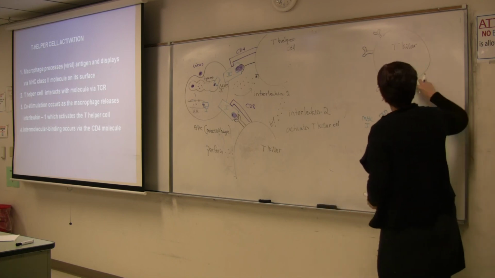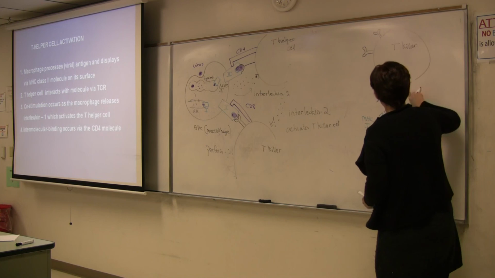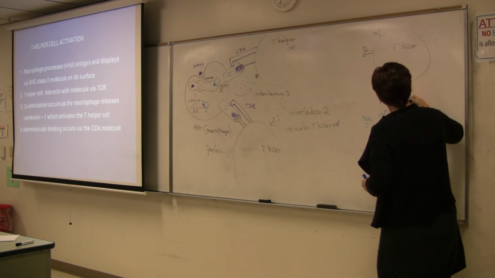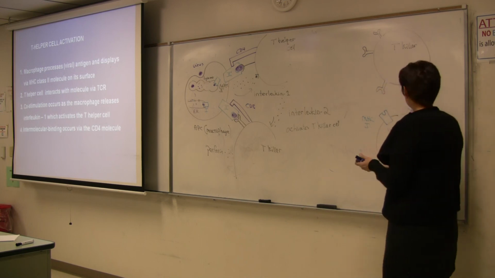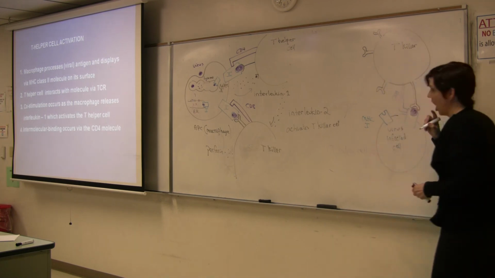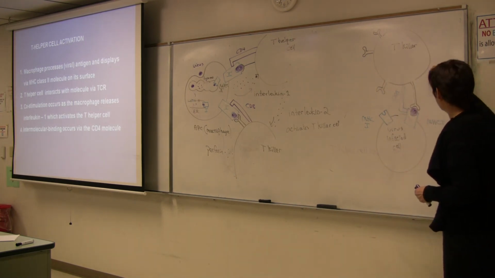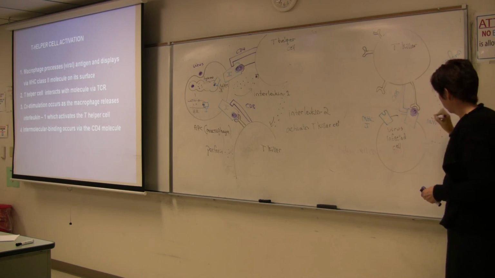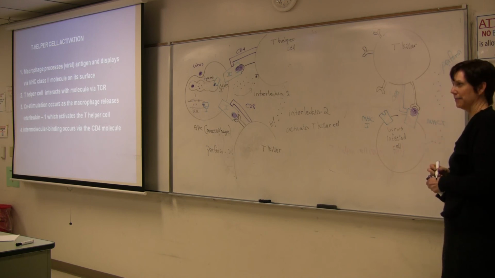All right? So it comes closer. I'll just make its T cell receptor bigger. It interacts with that, it attaches a CD8 molecule, and it starts firing off perforin, which kills the virus-infected cell.